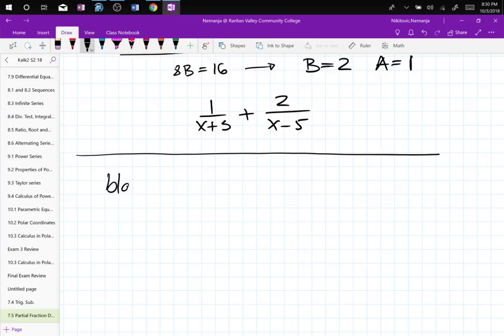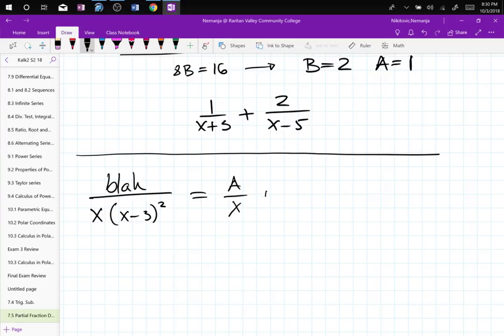So as a practice, let's go simple first. x minus 3 squared, for instance. I see a linear term and I see a repeated linear term. So for the linear term of x, I have A over x.